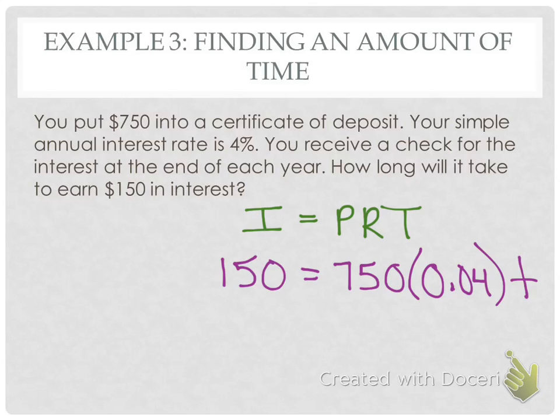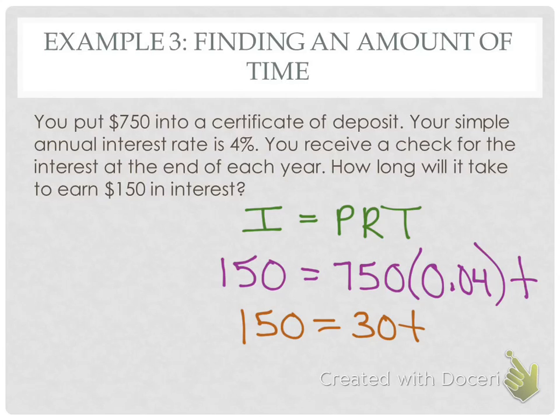Okay, so now what do I do? Now this is the easy part, okay? The hard part is plugging in the numbers where they go in the formula. Now what do I do? Yeah, you multiply 750 times 0.04. What's 750 times 0.04? 30 bucks. 30 what? 30T.